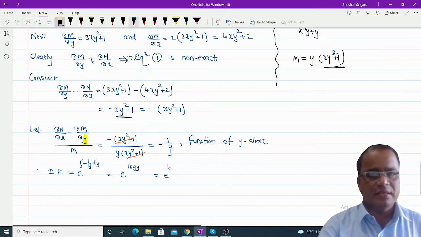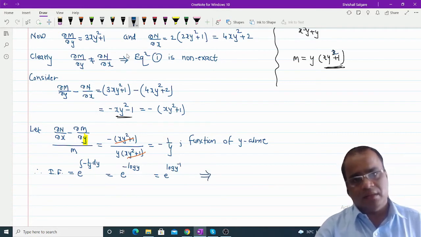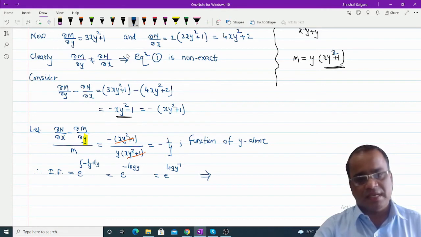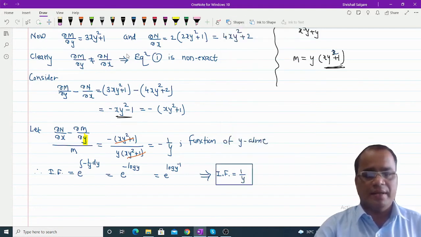So it is e to the power minus log y, and it comes as log y raised to minus 1. So this implies logarithm and exponentials are inverses of each other. That's why the integrating factor is given by y to the minus 1, or it can be written as 1 upon y.